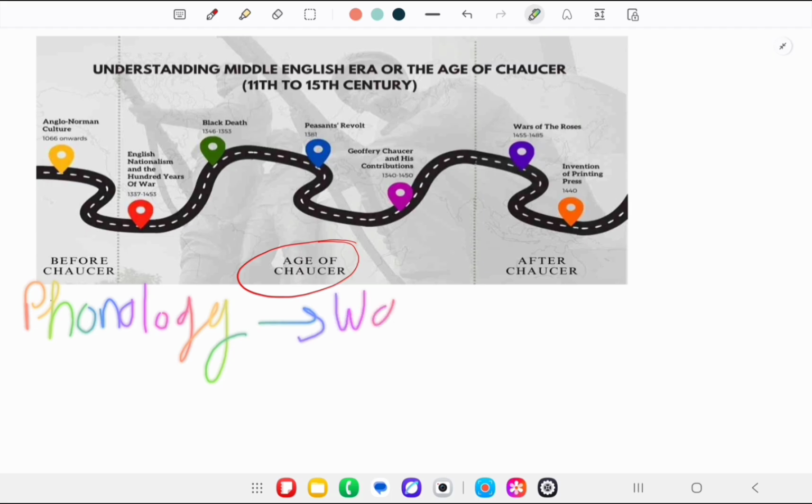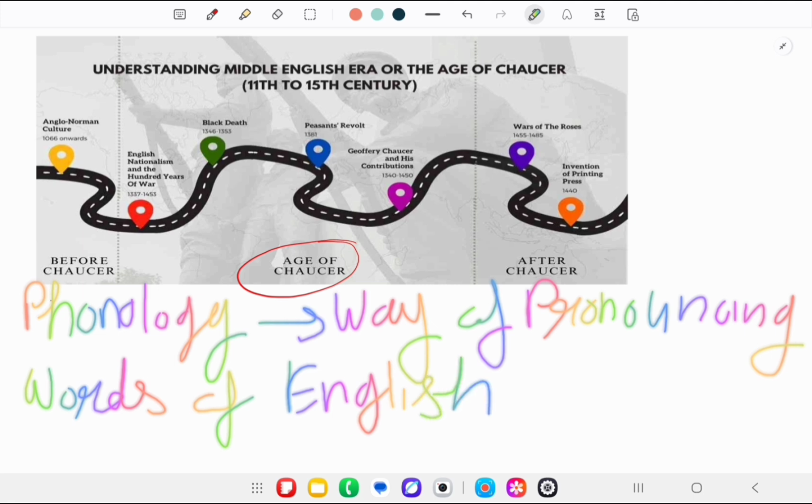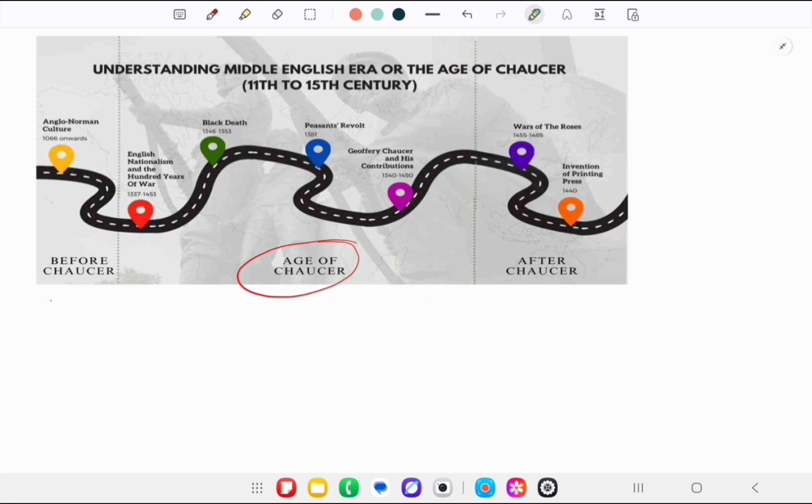It was also influenced by French scribes.